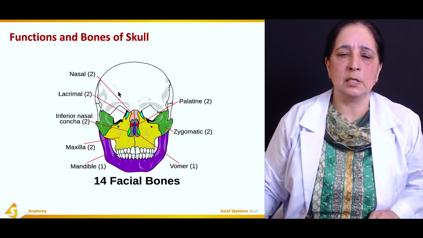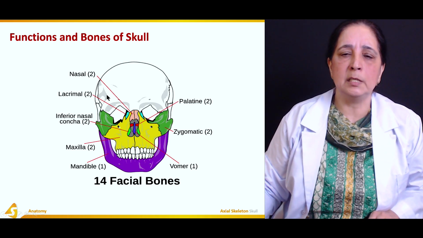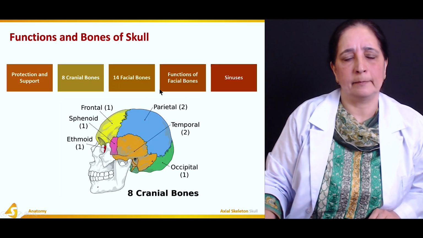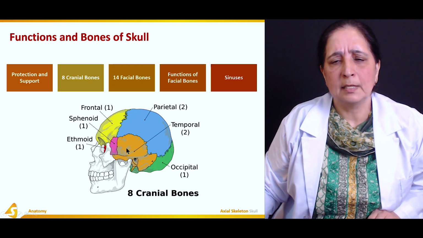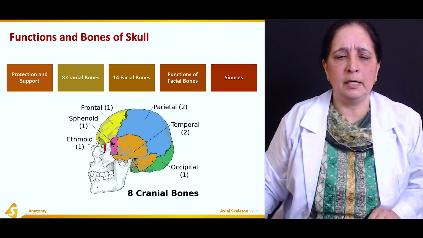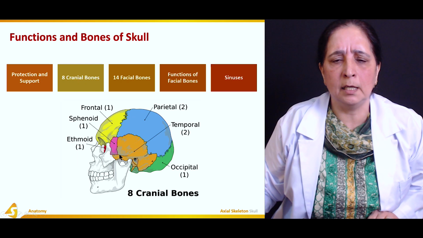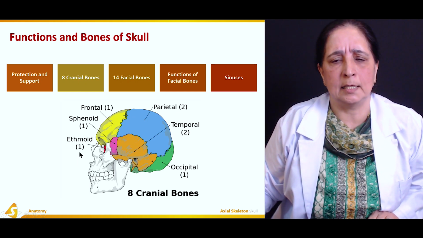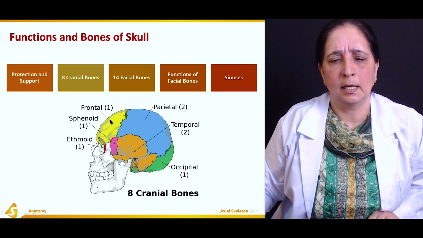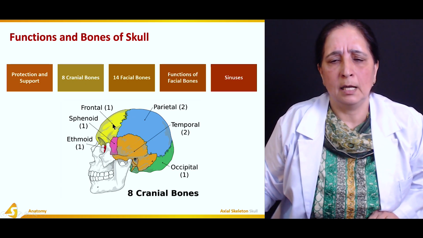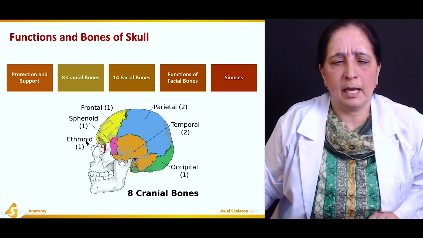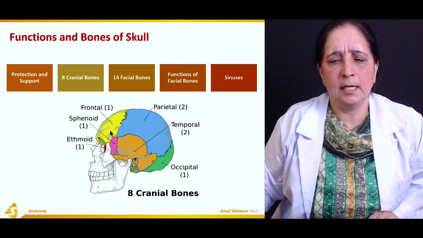In these bones, we have some empty spaces which are known as the sinuses. Sinuses are the empty air spaces in the skull. Here we have 4 important sinuses: frontal sinus, ethmoid sinus, sphenoid sinus.